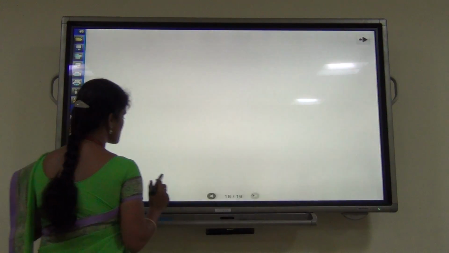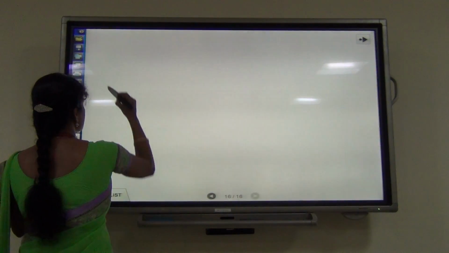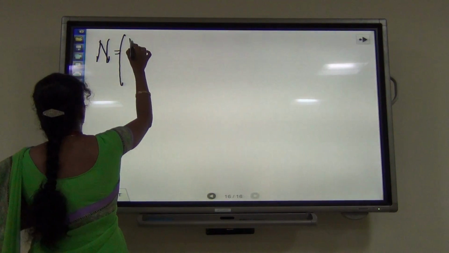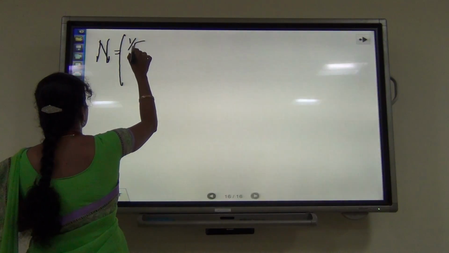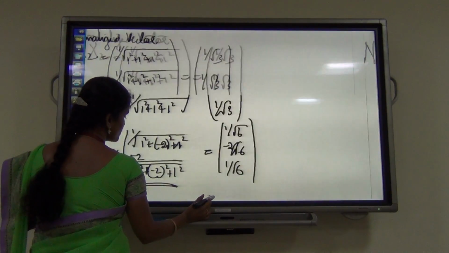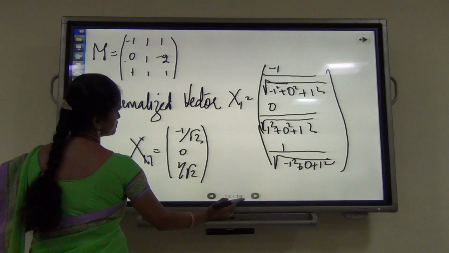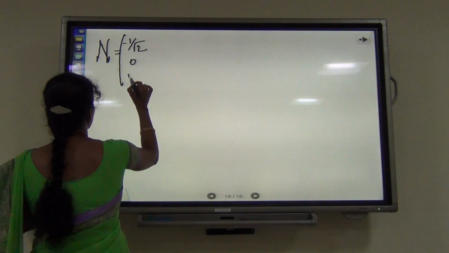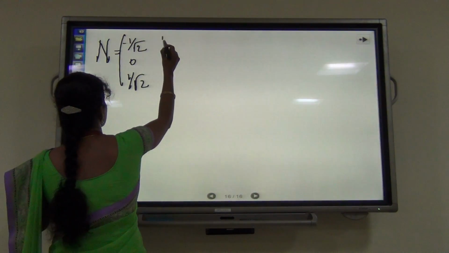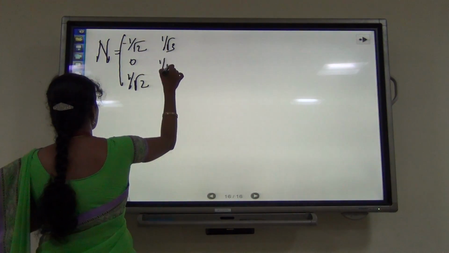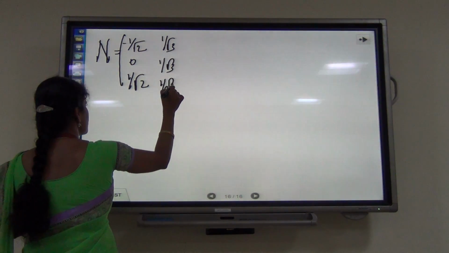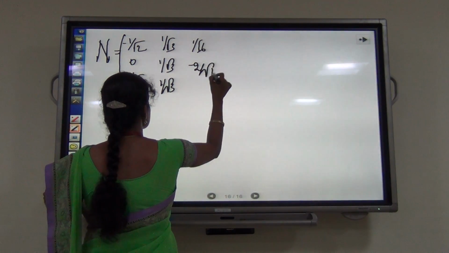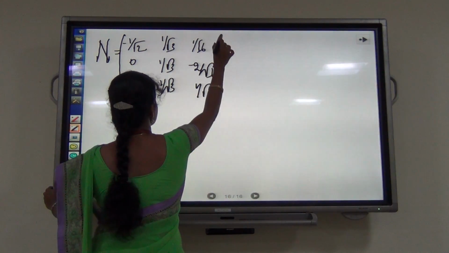Placing all these normalized vectors column wise in a matrix gives the normalized matrix N. N is minus 1 by root 2, 0, 1 by root 2; the second normalized vector is 1 by root 3, 1 by root 3, 1 by root 3; and the third is 1 by root 6, minus 2 by root 6, 1 by root 6.